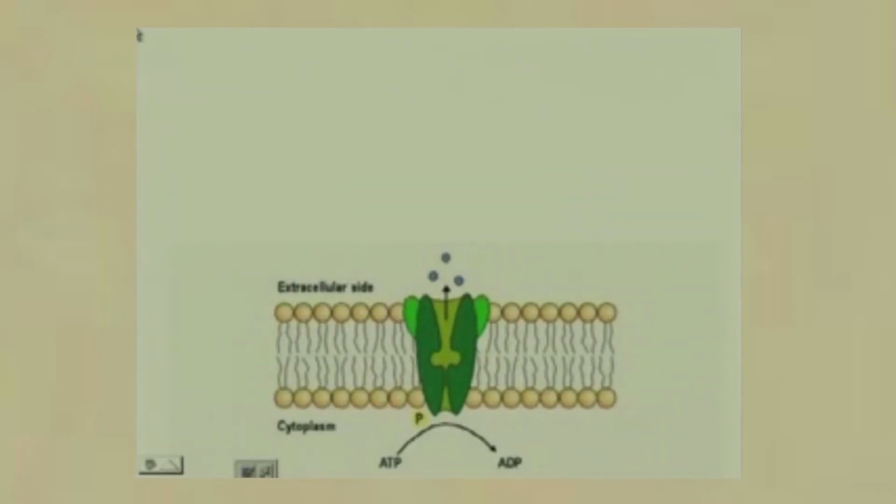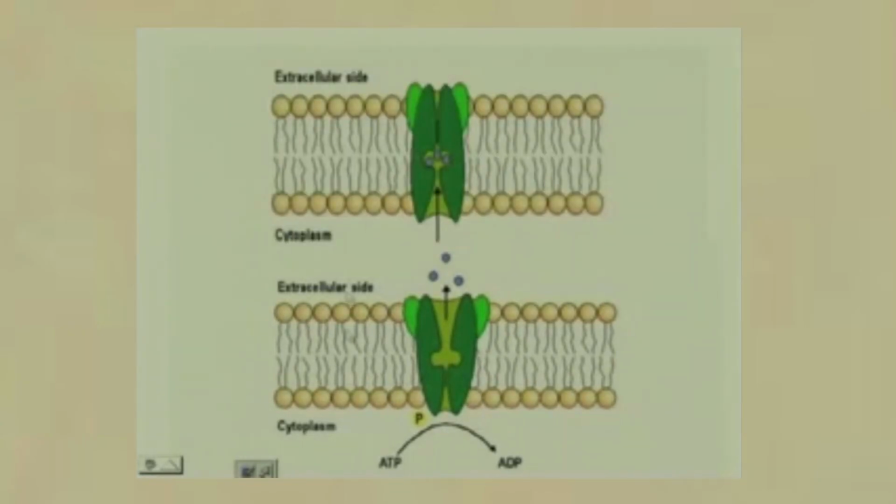Now, we have the extracellular side. What do we mean by the extracellular side? It is the outside. And we have the cytoplasm, which is the cell matrix inside the cell. Here we have the cytoplasm and the extracellular side. These are the 3 sodium ions.